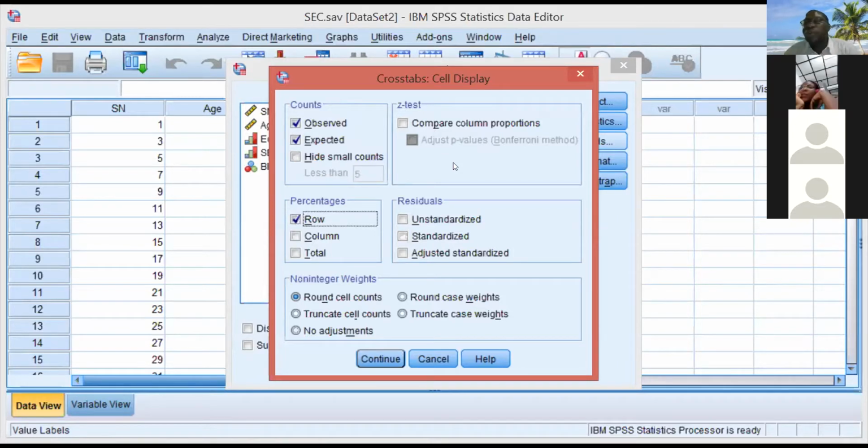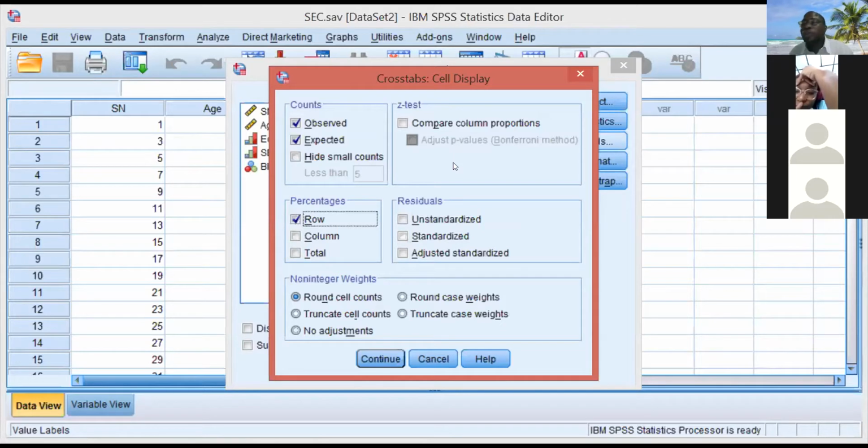Sometimes when you want to arrange your result on an A4 sheet in portrait, you have a lot of space along the vertical, but not much along the horizontal. So if your exposure has many rows and your outcome is just 2 categories, it's good the way we did it.